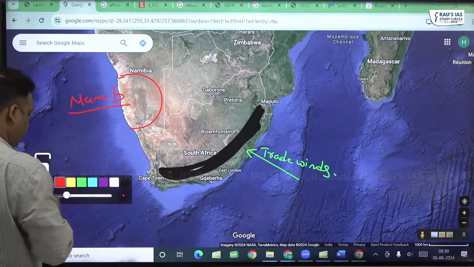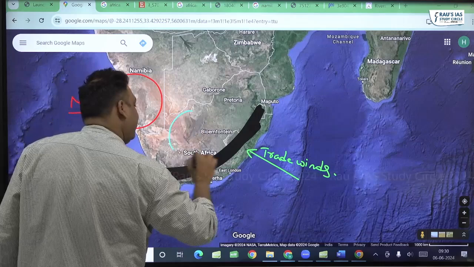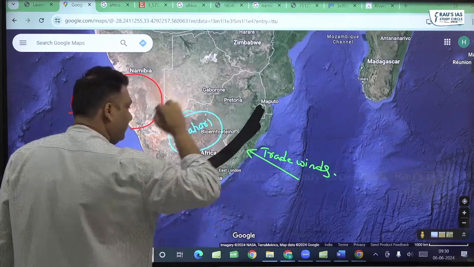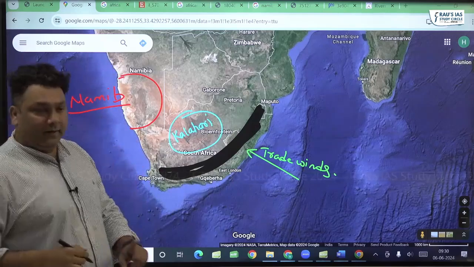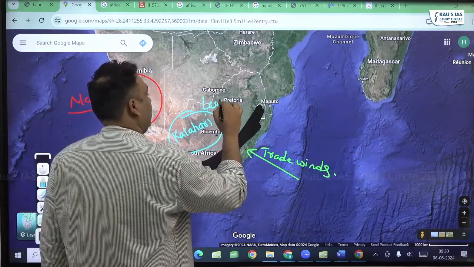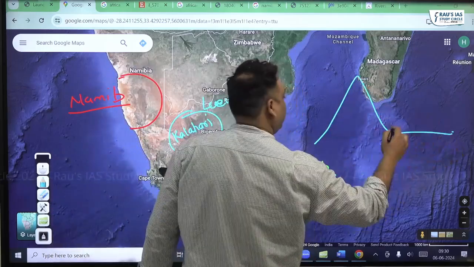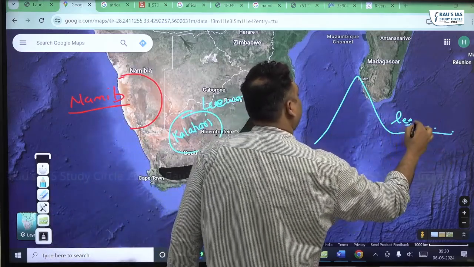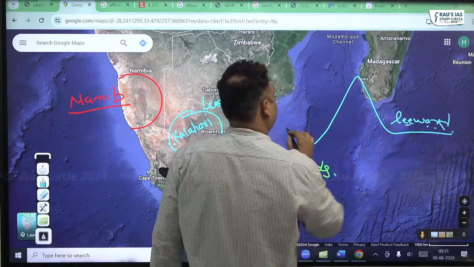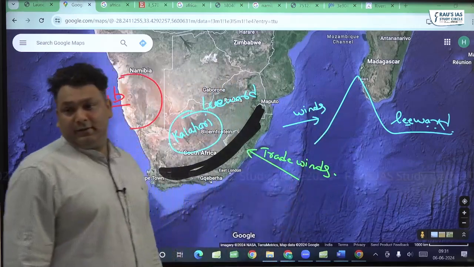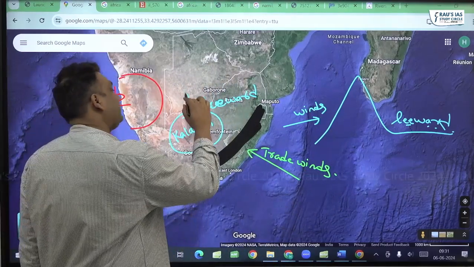But here, you have the Kalahari Desert. It's not the trade wind desert. It is on the leeward side of Drakensberg. So when you have a mountain like this, this is the leeward side, where the trade winds will be coming. So it is basically a rain shadow region of Drakensberg.